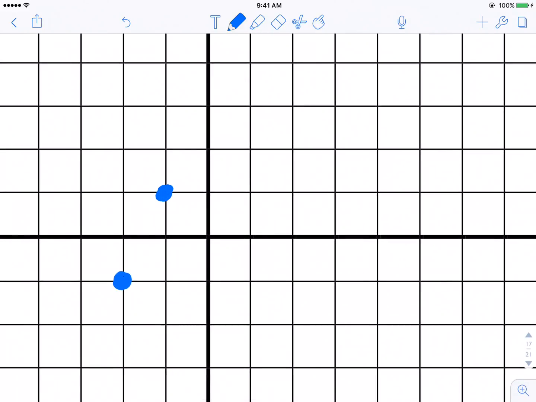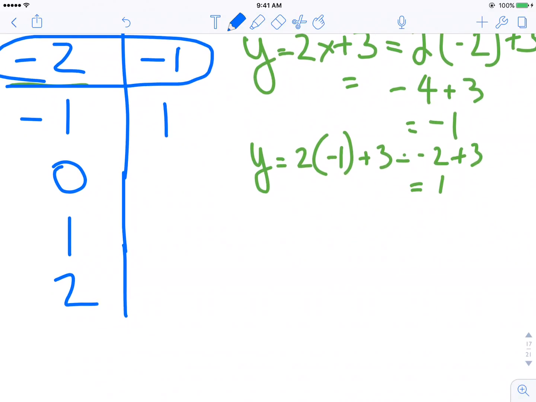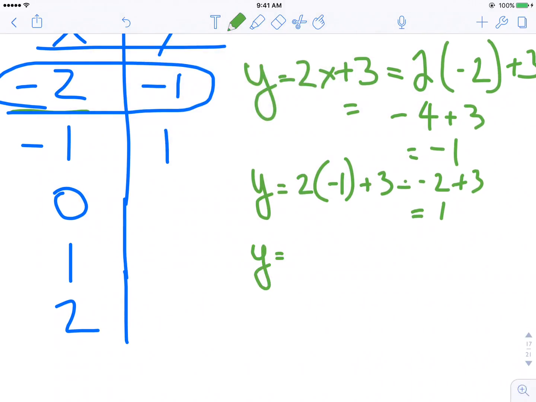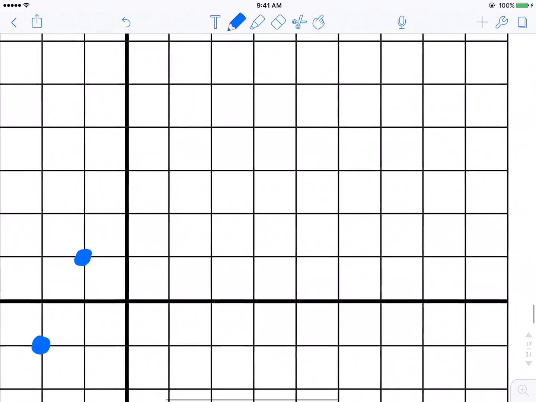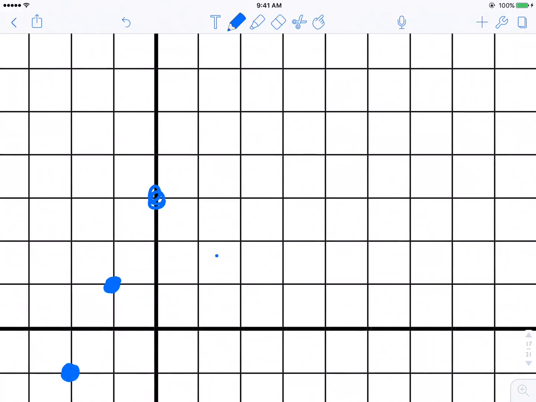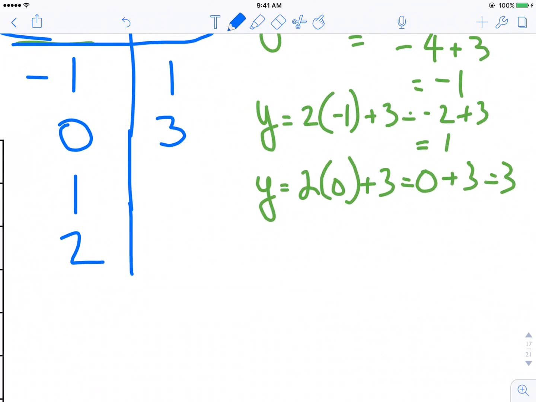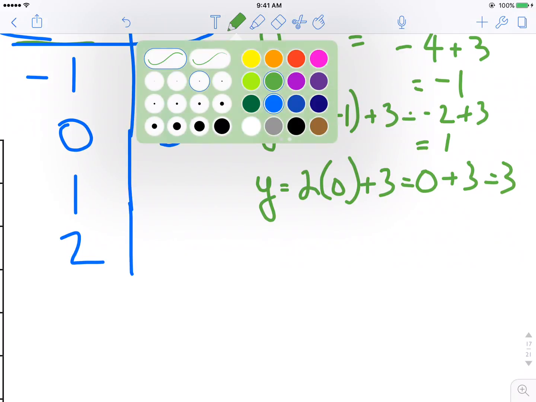There's my point. I do 0. Y is equal to 2 times 0 plus 3, which is equal to 0 plus 3, which is equal to 3. This becomes 3. Plot that point. 0, 3. There's my point.